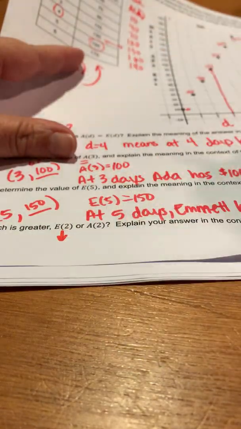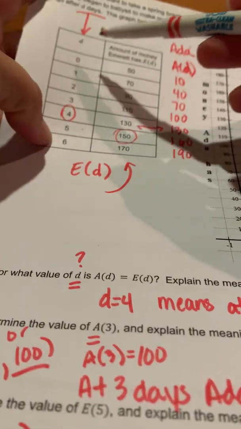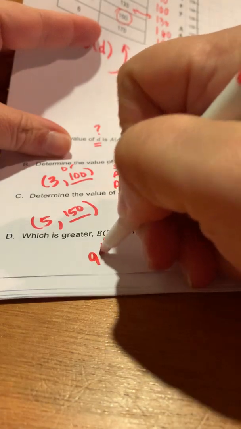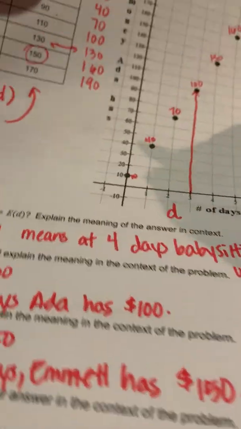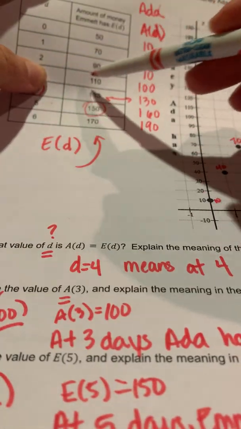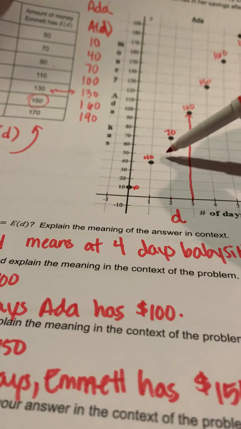All right, so which is bigger, E of 2 or A of 2? First, figure out E of 2. Emmett's table here, E of 2, I have 90. A of 2, you can go to the table, or if you have it here, you can go across, or you can go up to the grid here, and it goes up to 70.